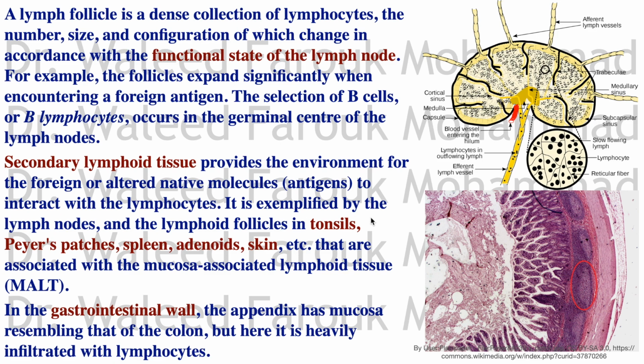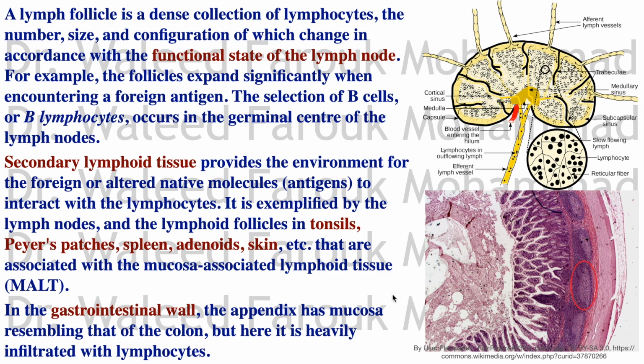You can see that in examples like tonsils, Peyer's patches. This is a picture of Peyer's patches of the small intestine, spleen, adenoids, skin, and they all comprise part of the so-called mucosa-associated lymphoid tissue.